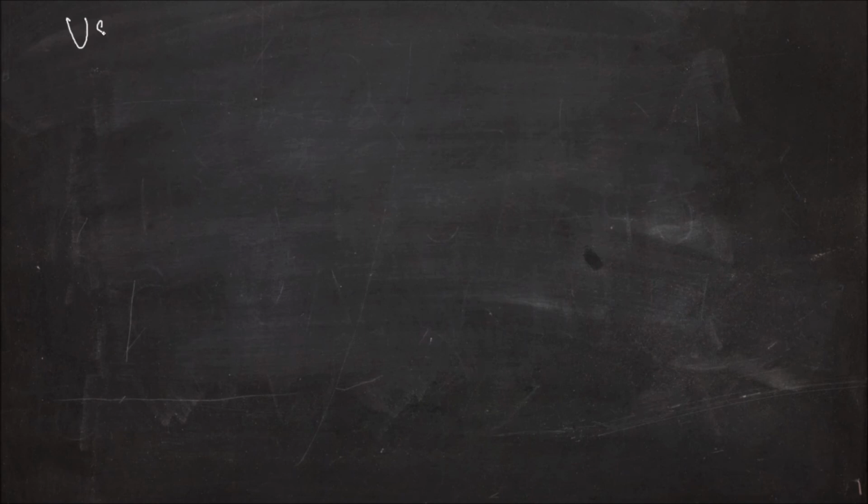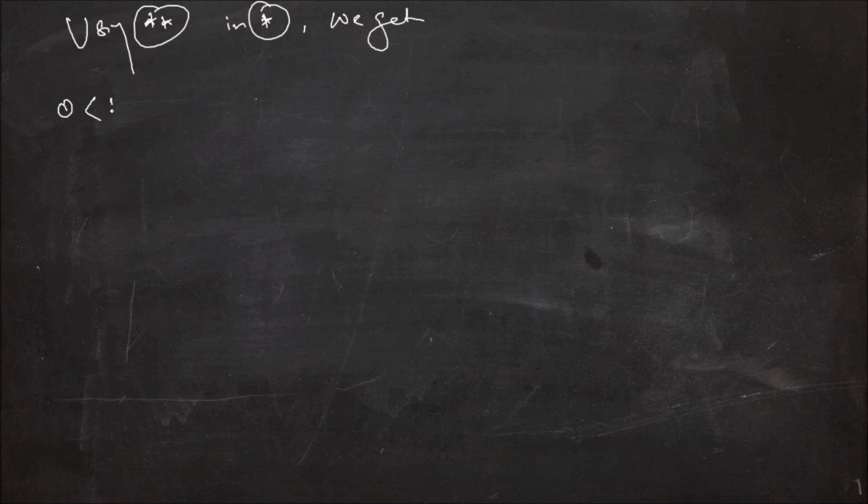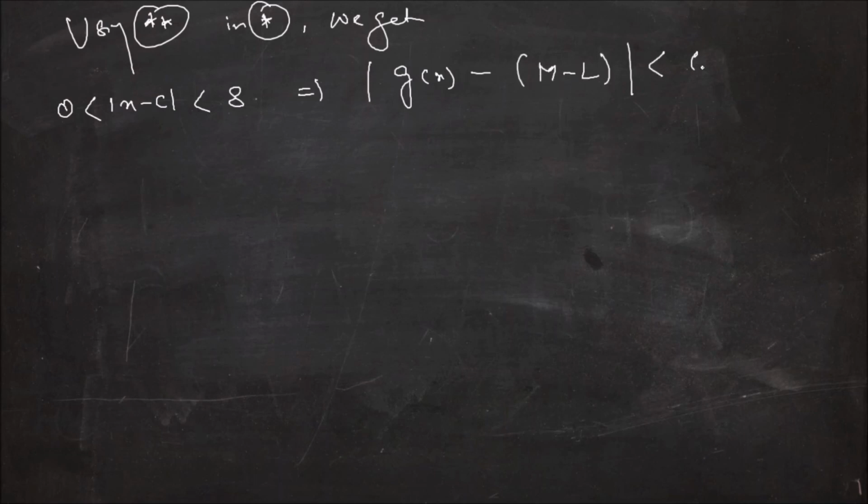So using double star in star, we get 0 less than |x minus c| less than delta implies |(f plus g)(x) minus (m minus L)| is less than epsilon by 2 plus epsilon by 2, which is equal to epsilon.